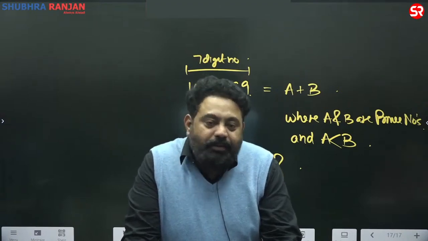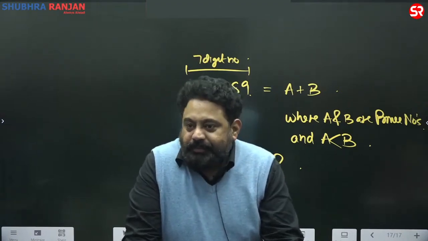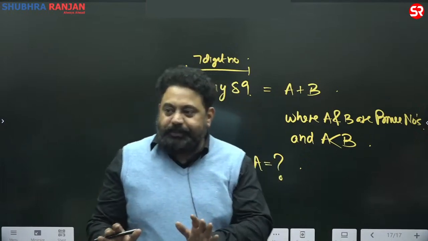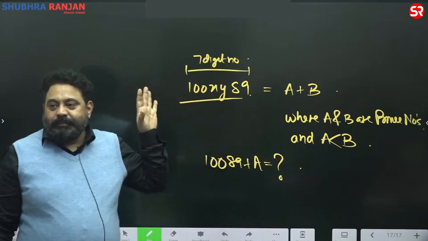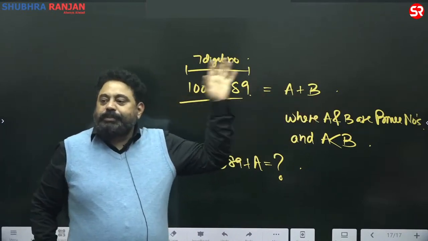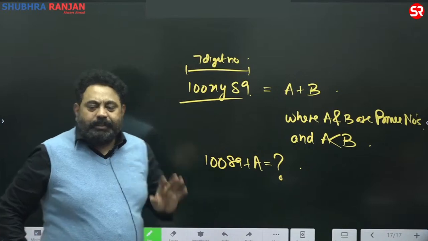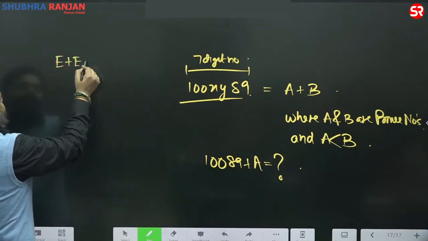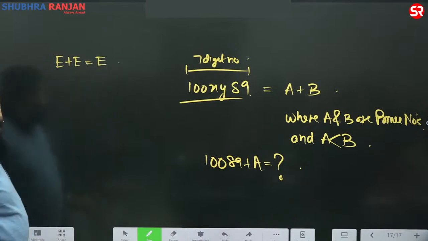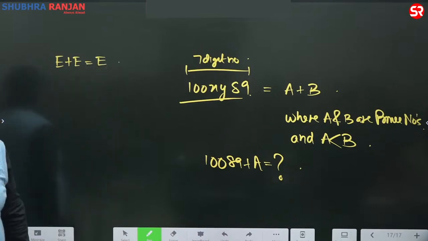It's all about the way of looking at a question. Listen to me. It's a 7-digit odd number, given as the sum of two numbers. What is even number plus even number? Yes, Chetan.